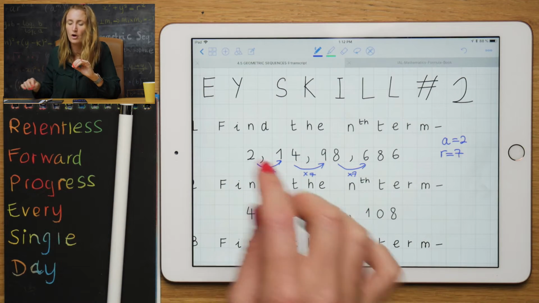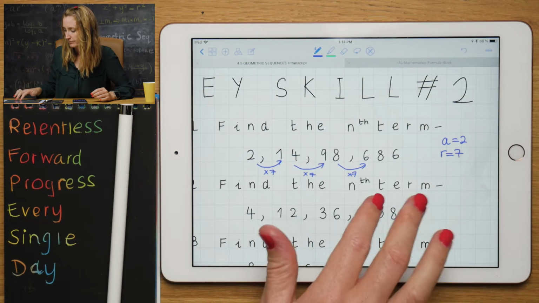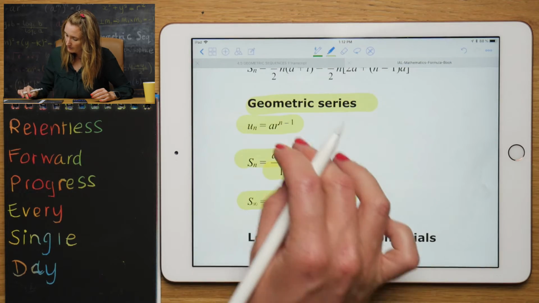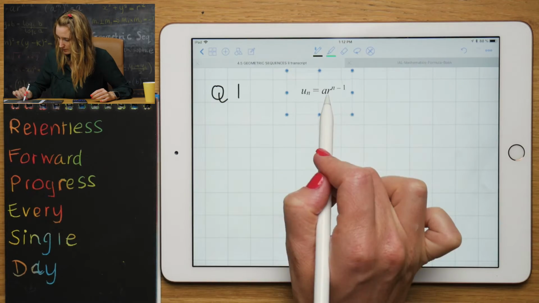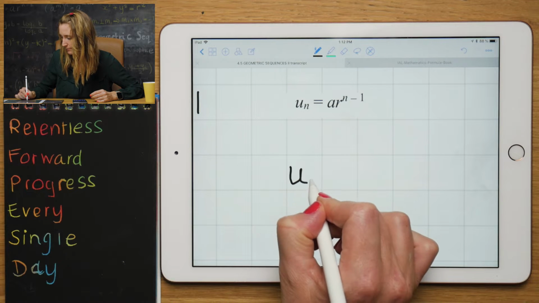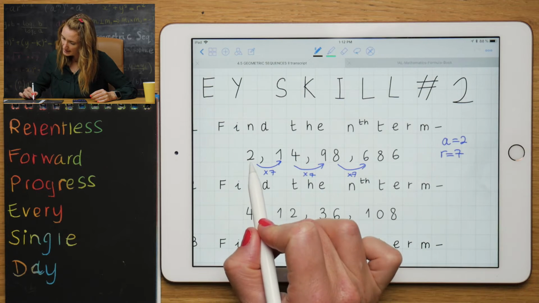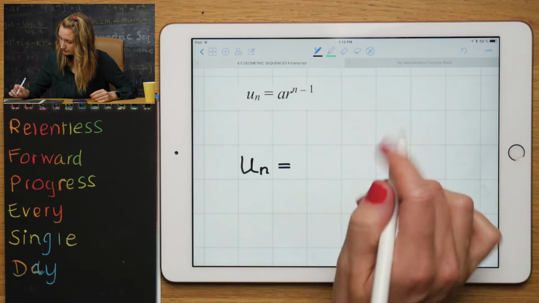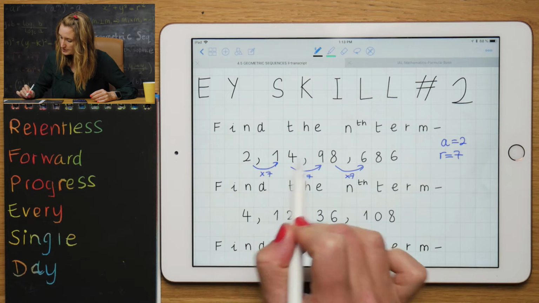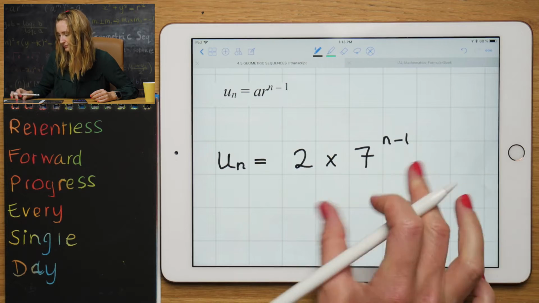So the nth term, we can put in any number for n and generate that term. The formula for the nth term is given to you here. So all we have to do to calculate the nth term is substitute in our A, in this case our A is 2, and multiply it by our R, which is 7, to the power of n minus 1.